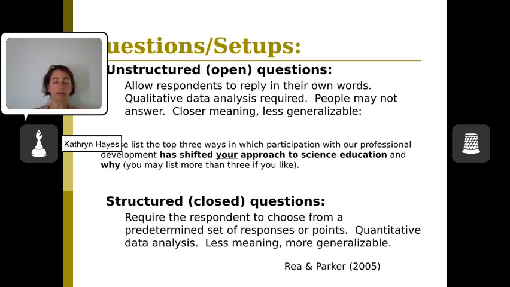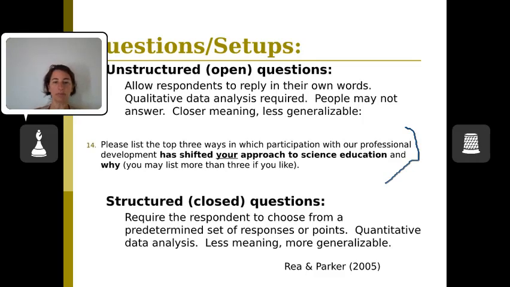So there are two basic types of questions. One is unstructured or open questions, where respondents can reply in their own words. You can really get at the meaning that people are trying to convey, but these are a lot less generalizable and very difficult to turn into numbers. So an example question is here.